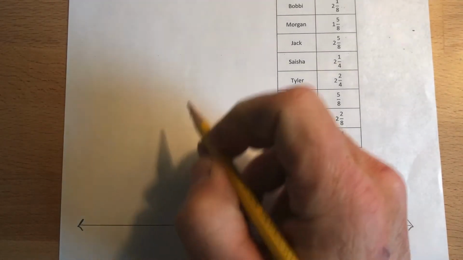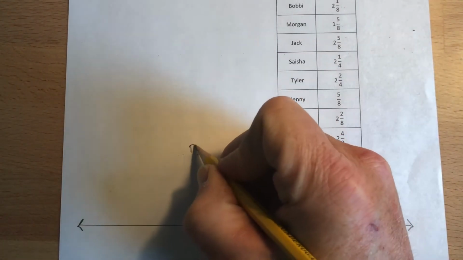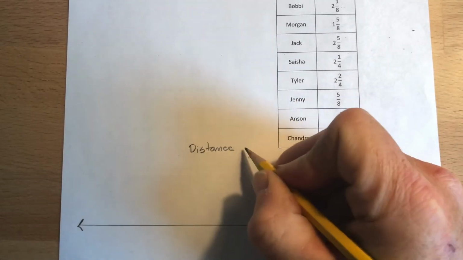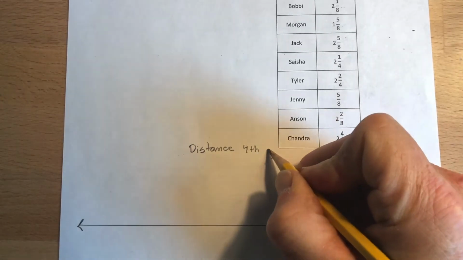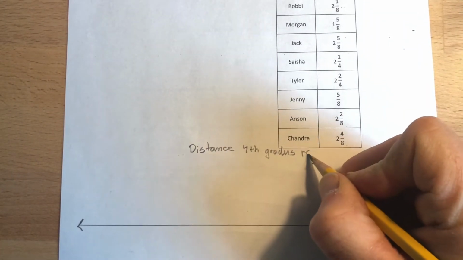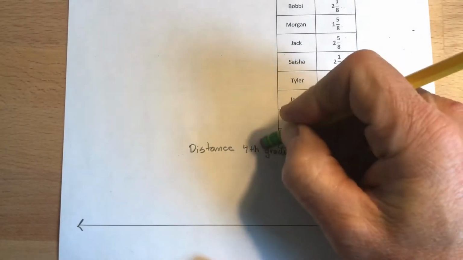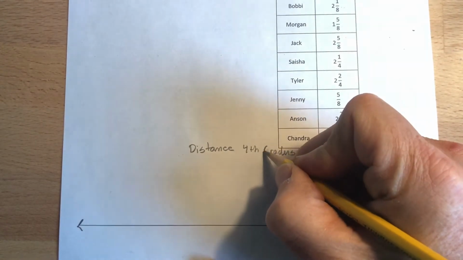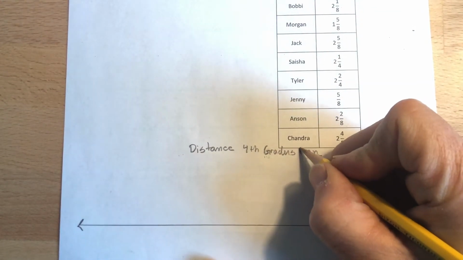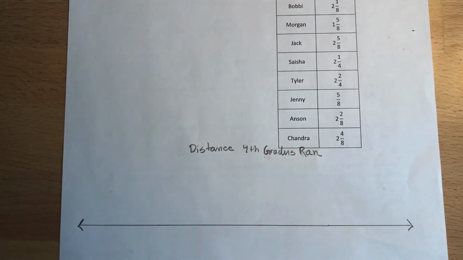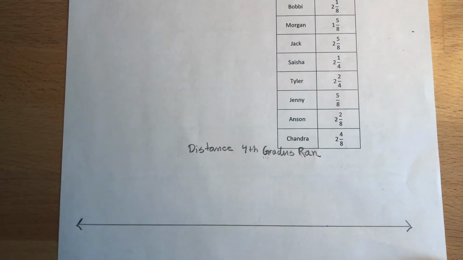We're going to say, the distance fourth graders ran. Okay, I'm going to capitalize the G and the R in a title. All right, that's what Mrs. Countryman told us to do. Graders ran. Good. All right, so here we go.